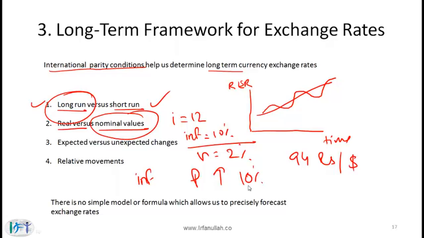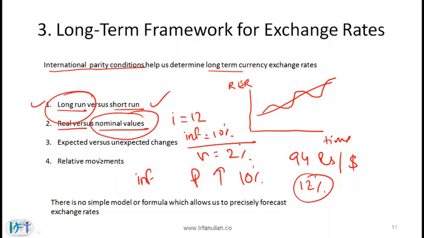But prices will not necessarily go up by 10%. If prices actually go up by 12%, then the 2%, the difference between 12 and 10, reflects unexpected changes. And very loosely speaking, it's when we deviate from what's expected that creates risk. So in other words, risk is deviation from what we expect.